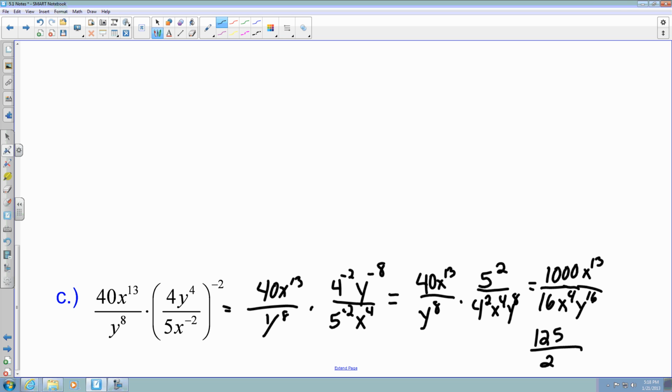I can use the quotient property by taking x to the 13th and x to the 4th by subtracting the exponents, which gives me x to the 9th, and I'm left with y to the 16th.